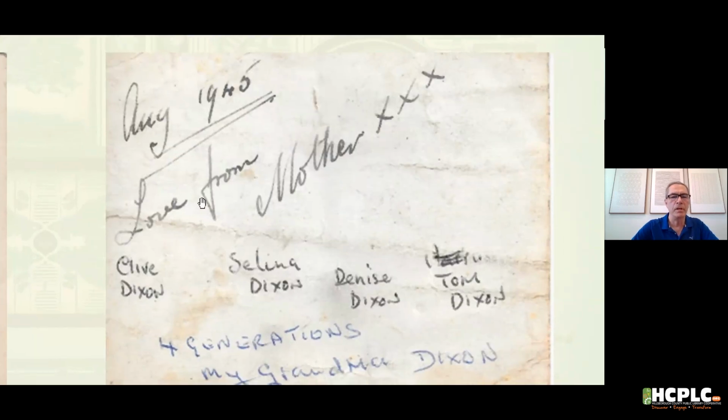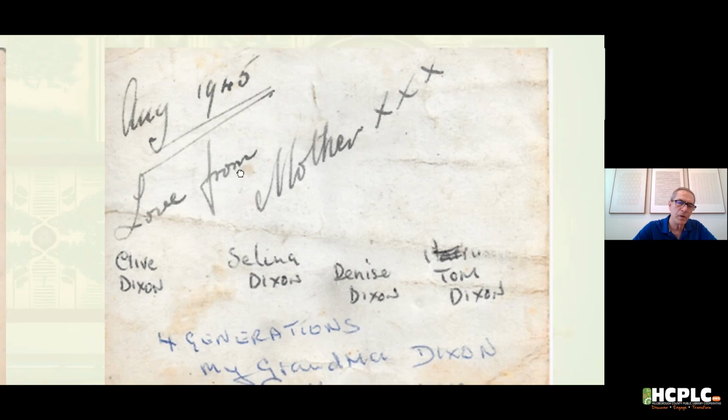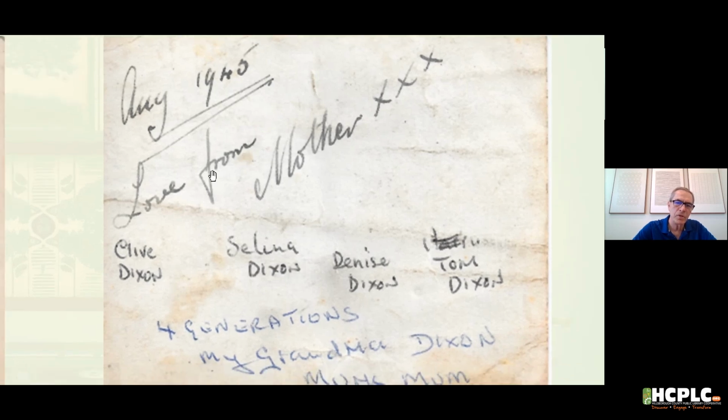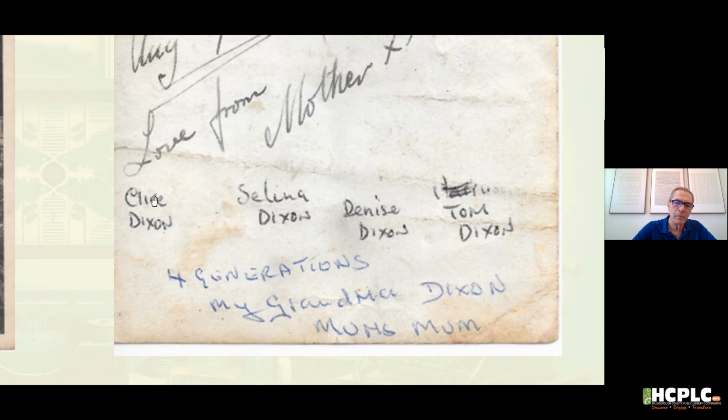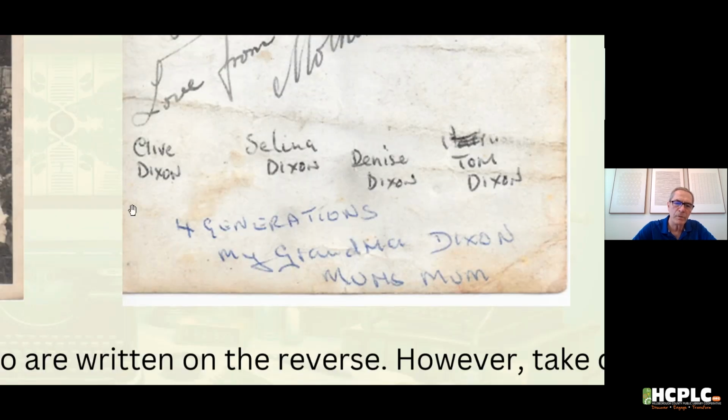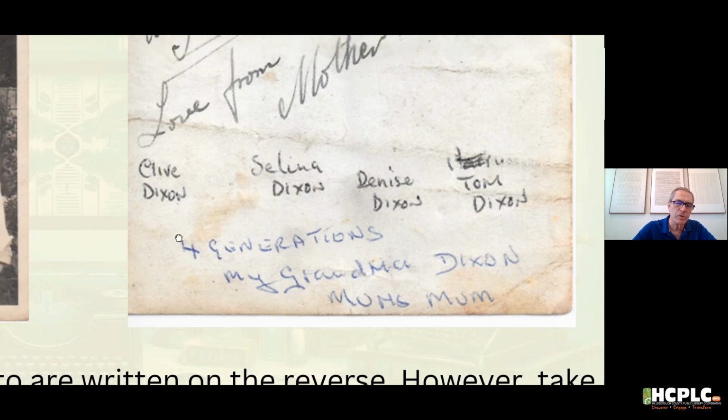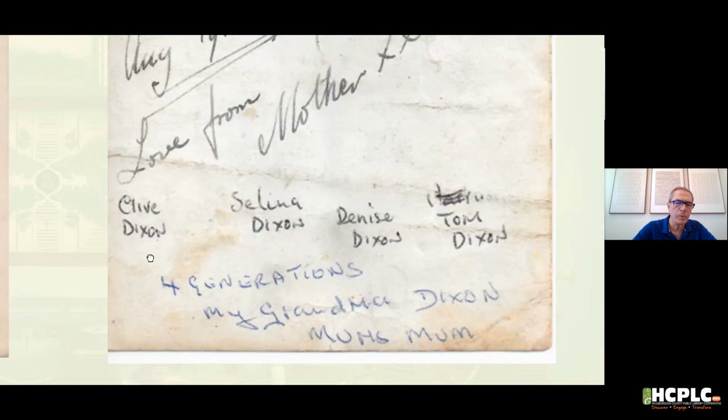And we can almost tell this is English because of the XXX. Most Americans would put XOXO, right? So this is a traditionally English or British notation. Somebody's given the names here, written in ballpoint pen, and then somebody else has written again in another ballpoint pen for generations.